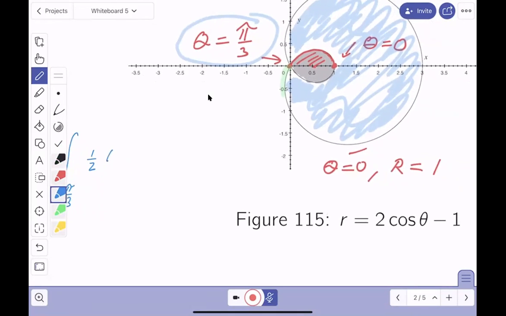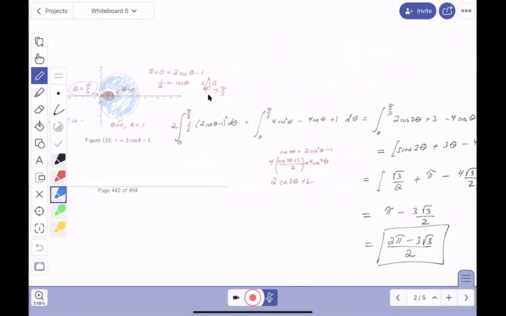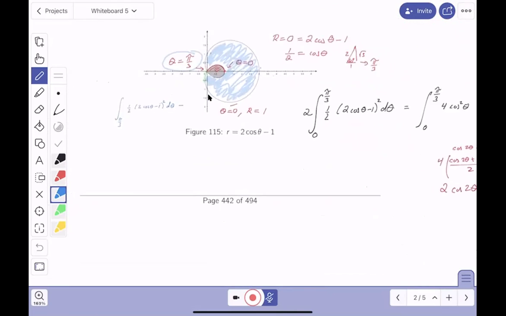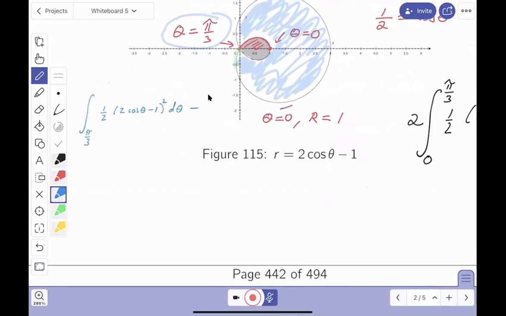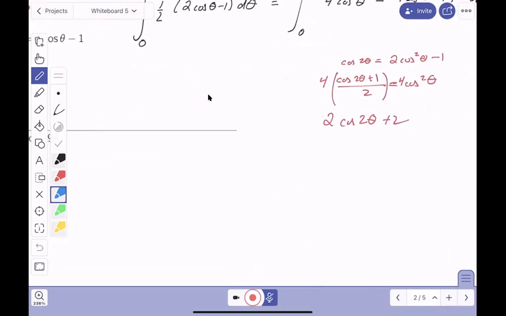Let me put this down for you. 2 cosine theta minus 1 squared d theta, but I have to remove that inner loop. And I just did it. I don't want to have to do that again. What did it turn out to be? 2 pi minus 3 root 3 over 2. I got to take that away. Right? Did I copy that right? 2 pi minus 3 root 3 over 2.